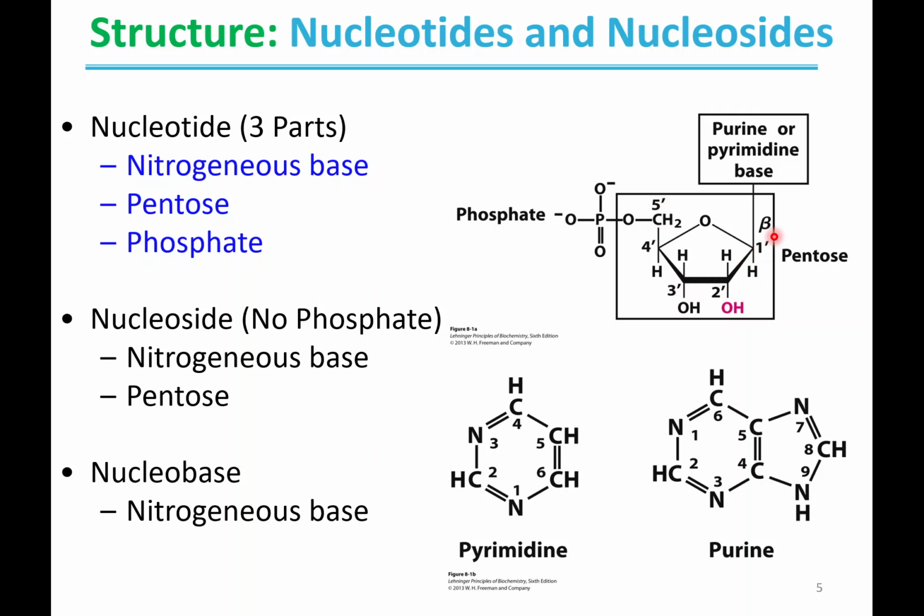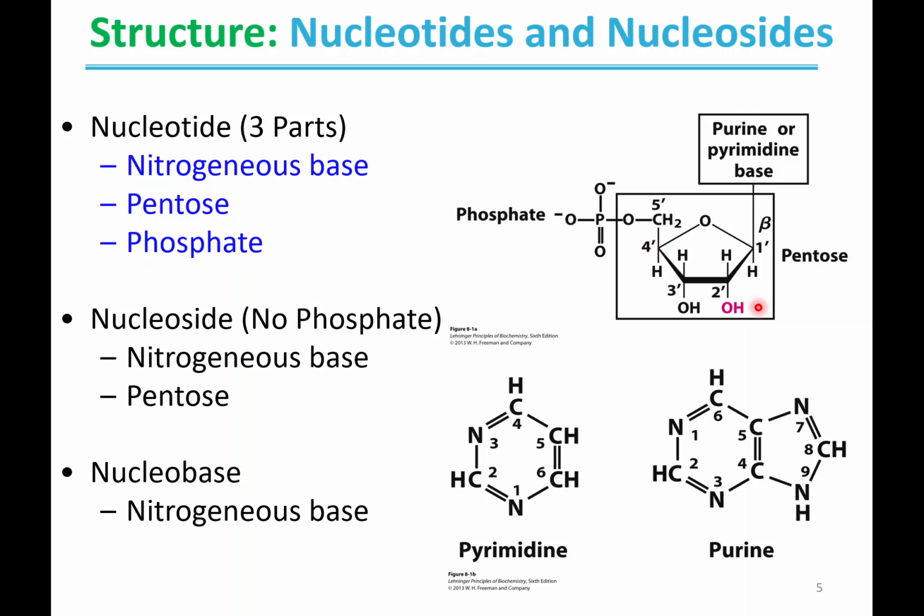Okay, those are given the prime after the number because the numbering really starts up here in the nitrogenous base. Okay, so if you would continue on from that, carbon 1 wouldn't be here. But we call this carbon 1 prime to denote that it's not the first carbon in the entire structure, but it's just saying it's carbon 1 from the ribose. Okay. So those numbers will come up again.